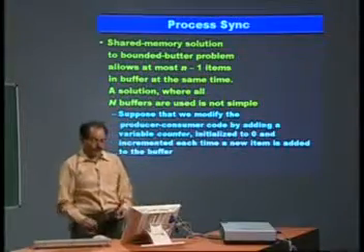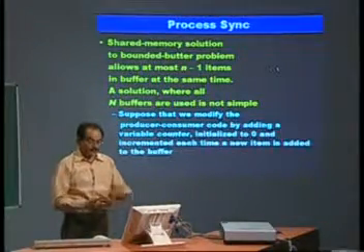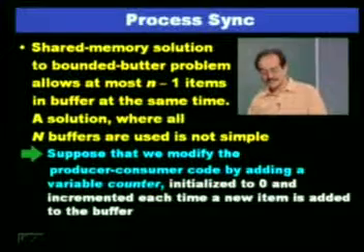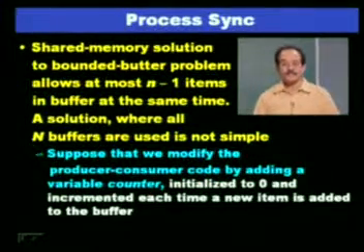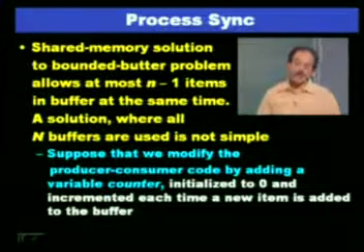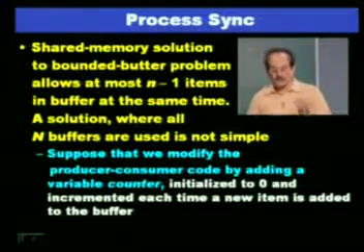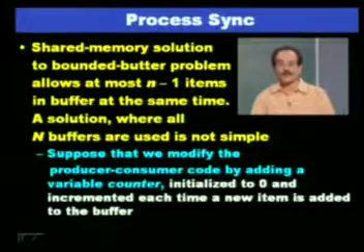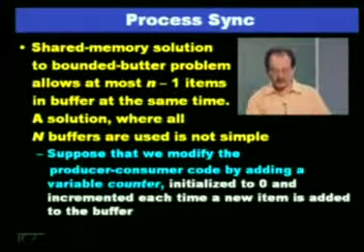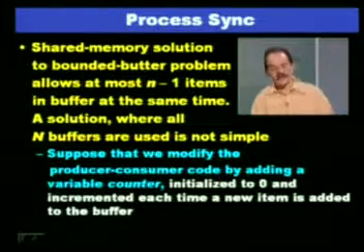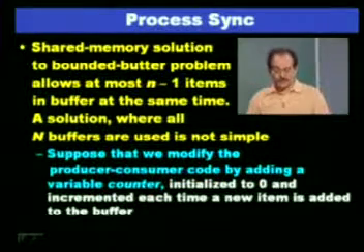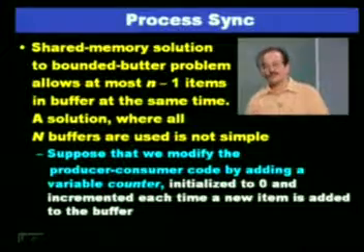Now, in this particular scenario, suppose we modify the producer consumer problem by adding a variable counter, and we initialize it to 0 and increment it each time a new item is added to the buffer. That is how we take care of the consumer and producer. We increment the counter the moment any item is added, and we decrement it the moment it is consumed by the consumer.